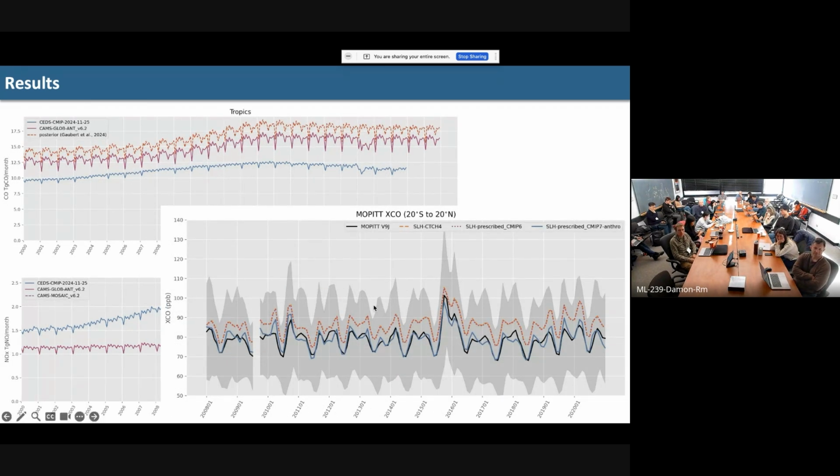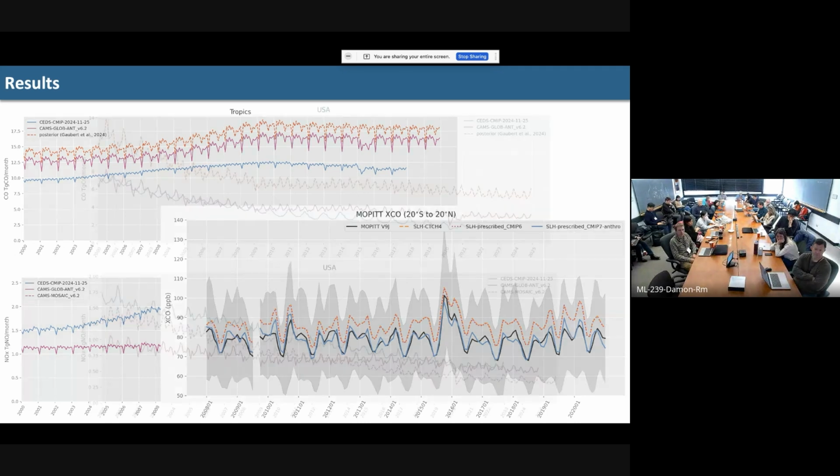Looking at MOPITT, the CAMS emissions are actually reproducing better with the posterior. The emissions that I'm using are a bit higher in this case, and so the combination of fire and CAMS emissions are doing very well in the tropics on average, which is very encouraging.